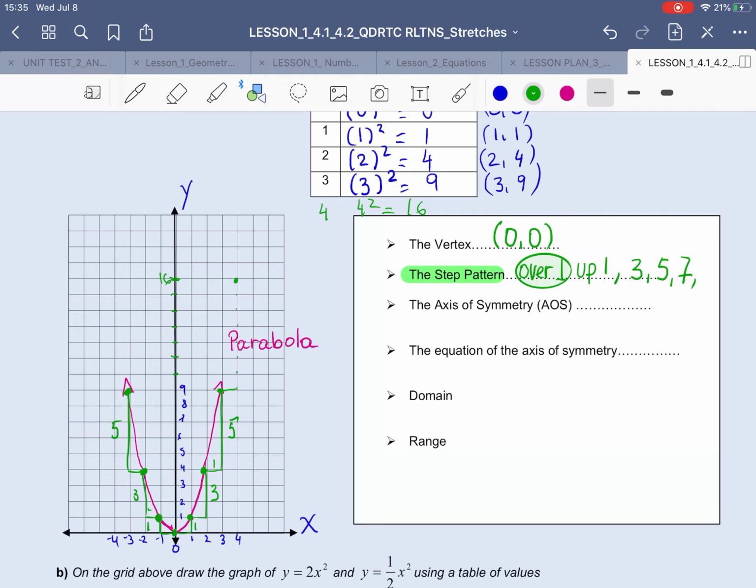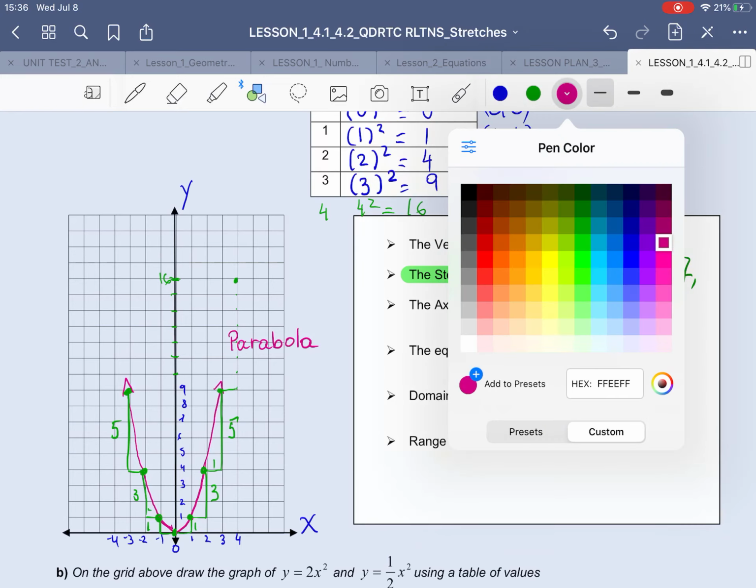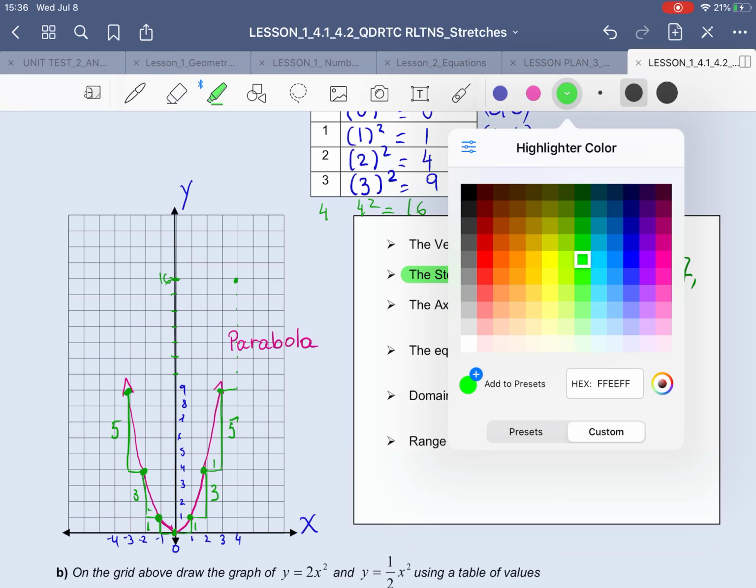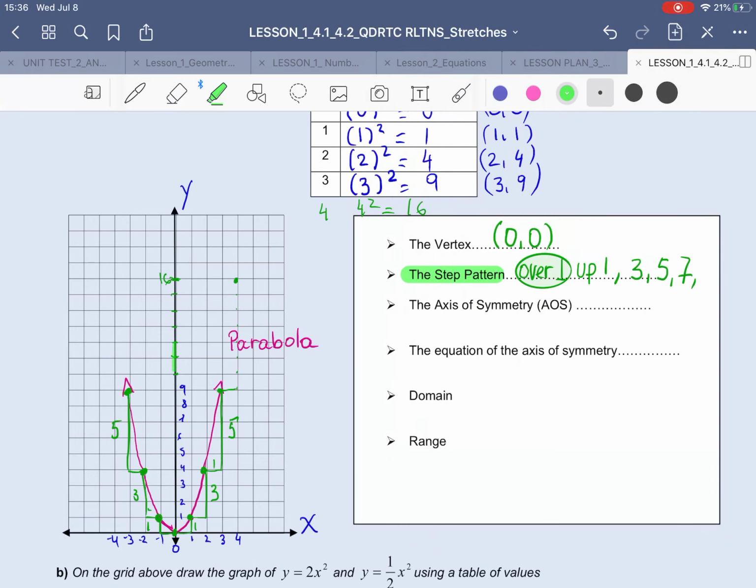Now the next important feature of the parabola is what we call the axis of symmetry. The axis of symmetry is the line that divides the parabola into 2 equal parts. So it will be the y-axis in this case. I will call this AOS, not SOS.